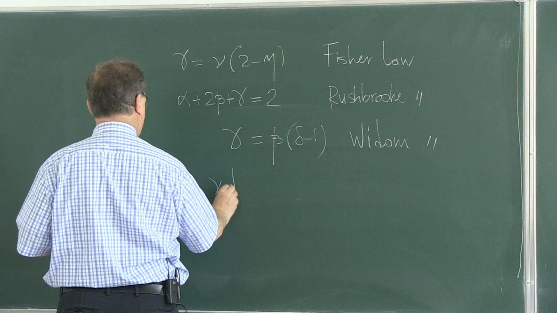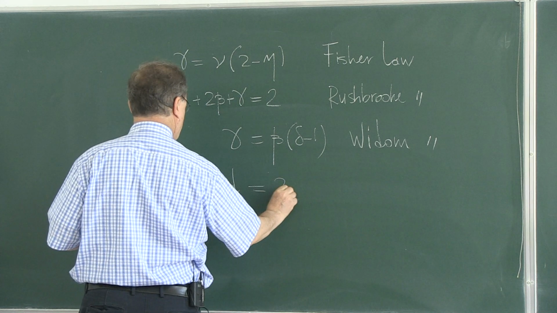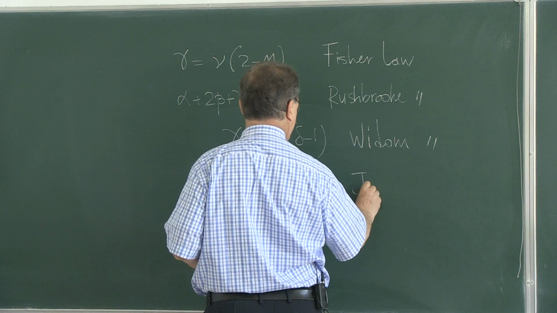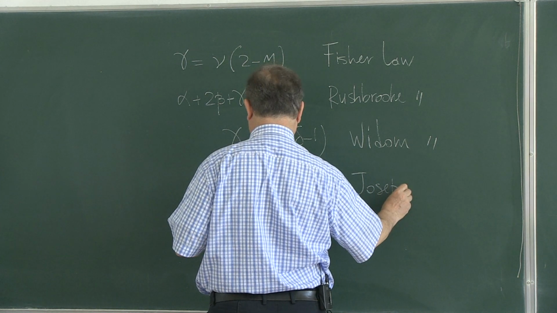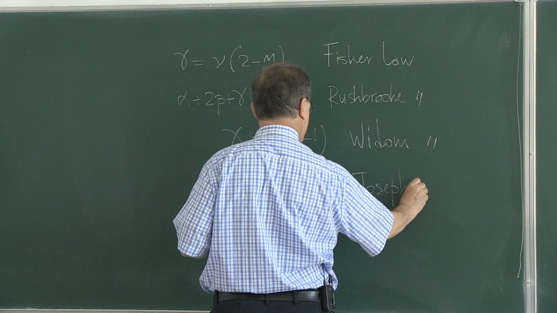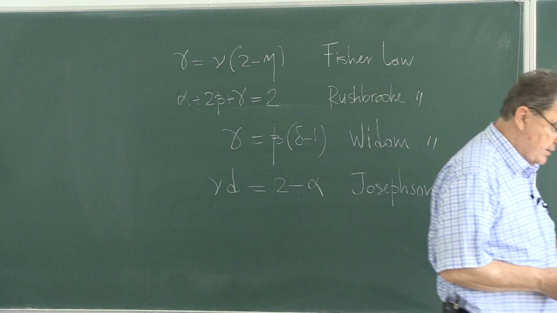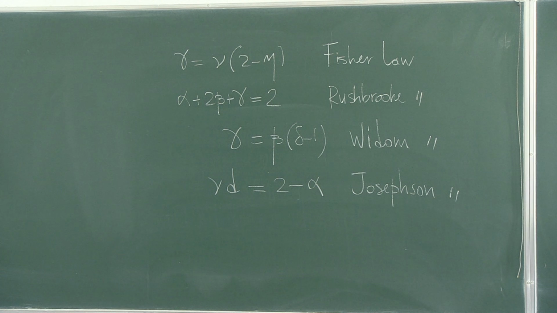Nu times dimensionality is 2 minus alpha, the Josephson law. These are all experimentally verified.